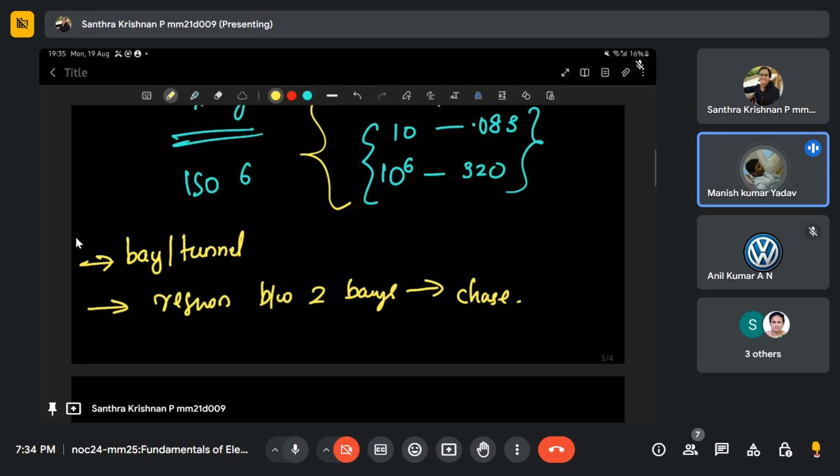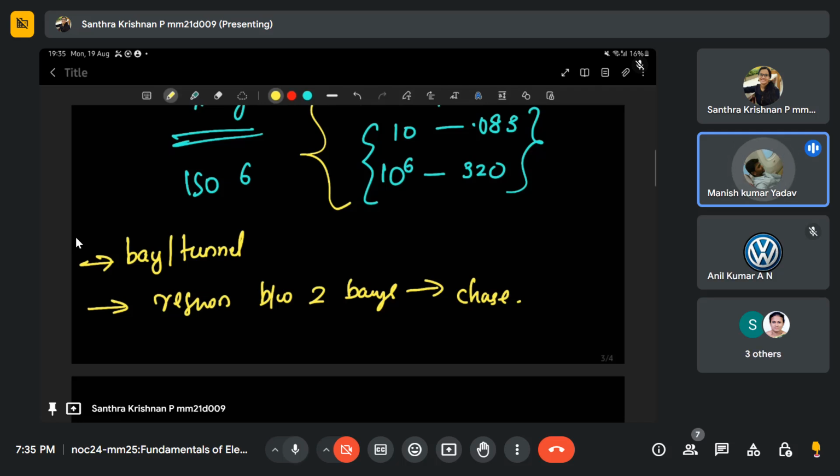But if we club together bay and tunnel, then how do we differentiate bay and tunnel? I think bay and tunnel are used interchangeably, like it's basically the same thing. No, actually, in the lecture, sir told about clean room design: one is ballroom design, second is tunnel bay concept, third is bay and chase concept.